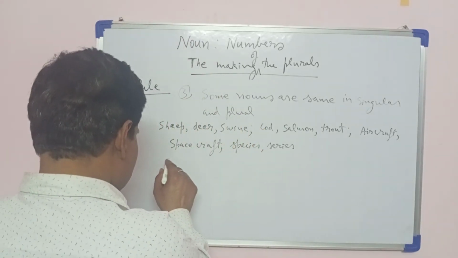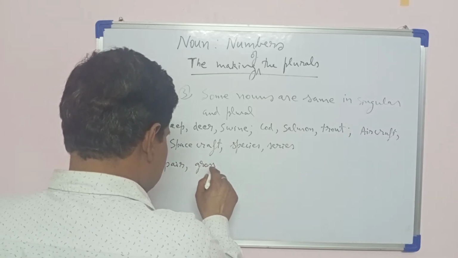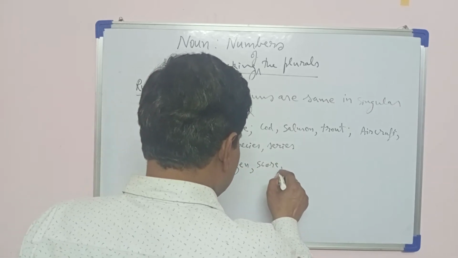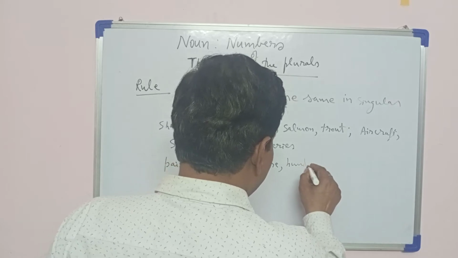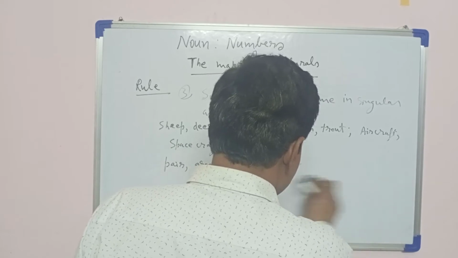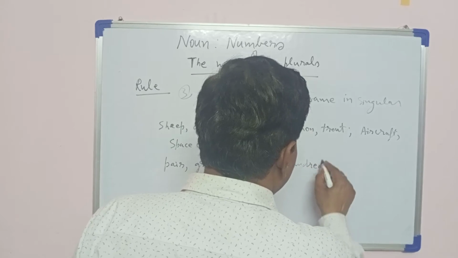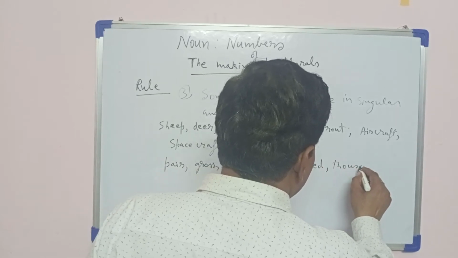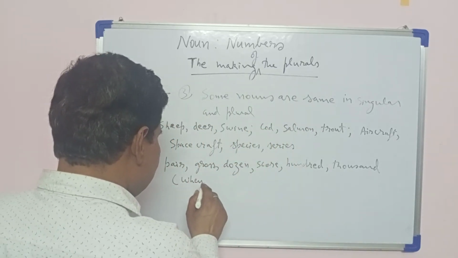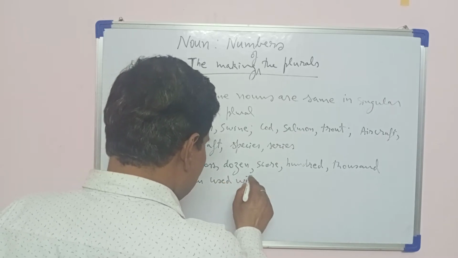Like pair, gross, dozen, score, hundred, thousand, when used with numerals.